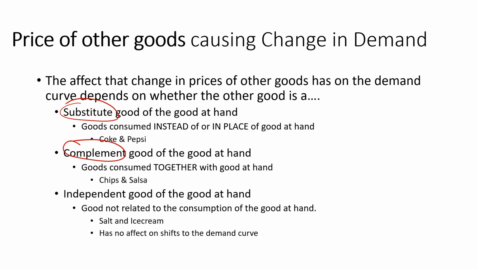Something that generally people would choose one or the other, but not both. A complement good is something that people generally purchase together. So the example that I have here is chips and salsa. Generally you would not buy salsa without chips, and that's why we would say that salsa is a complement good to chips. And then sometimes there are independent goods. We're not going to look too much at those because they do not influence or shift the demand curve because they're unrelated. So the two that we're going to look at are substitute and complement goods.